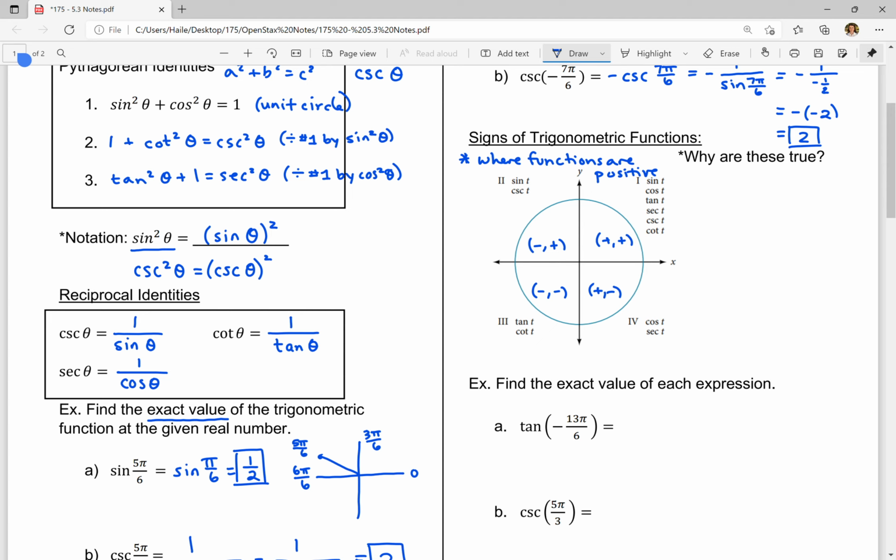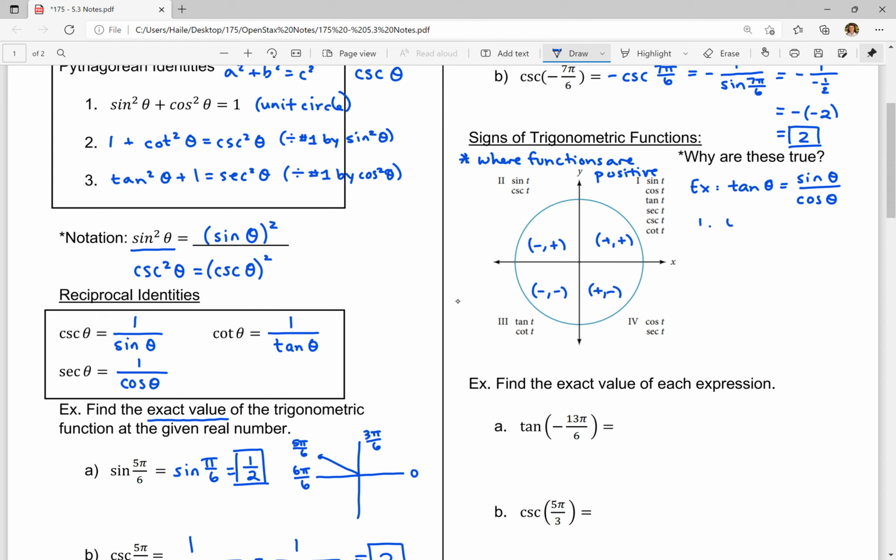So to think about why these statements in this picture are true, I'm going to run through an example with tangent. Okay, so let's think about tangent of theta. And we know from our quotient identities that this is sine of theta divided by cosine of theta. Okay, so first of all, I'm going to think about what happens to tangent in quadrant 1.